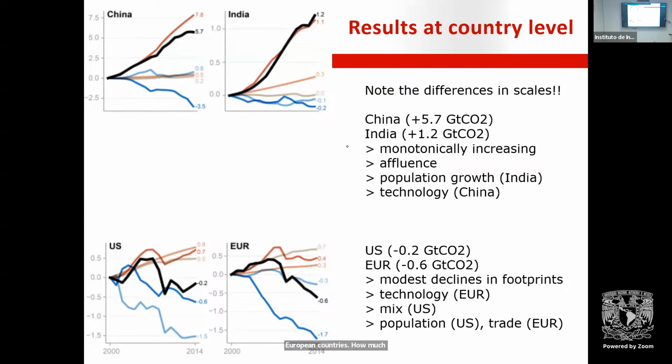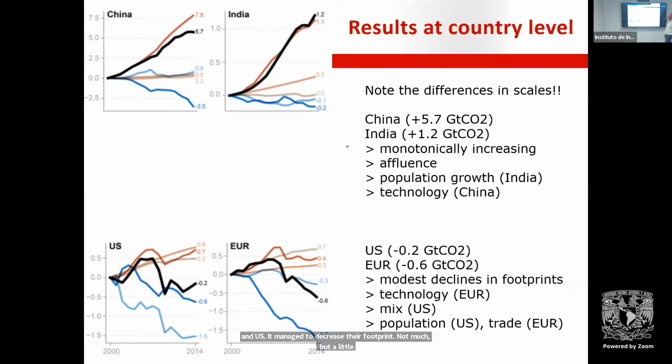They're hardly monotonic, it goes a bit up and down and all over the place. But you see that in the end, for the US, a small decrease of 0.2 gigatons, in Europe, 0.6 gigatons. So Europe and the US did manage to decrease their footprint, not much, but a little bit at least. So modest declines in footprints.